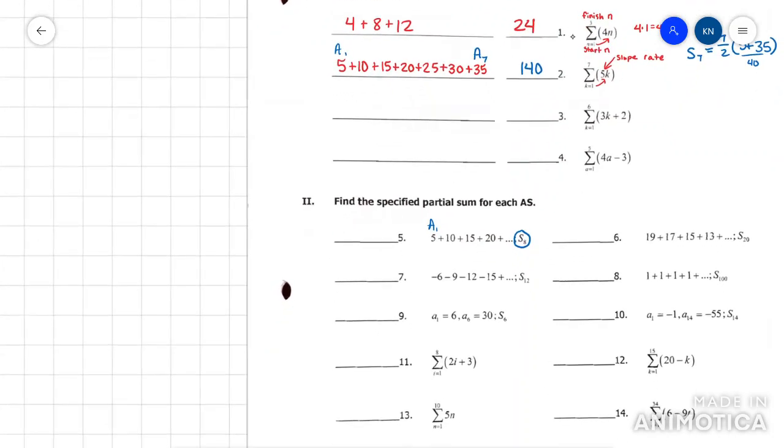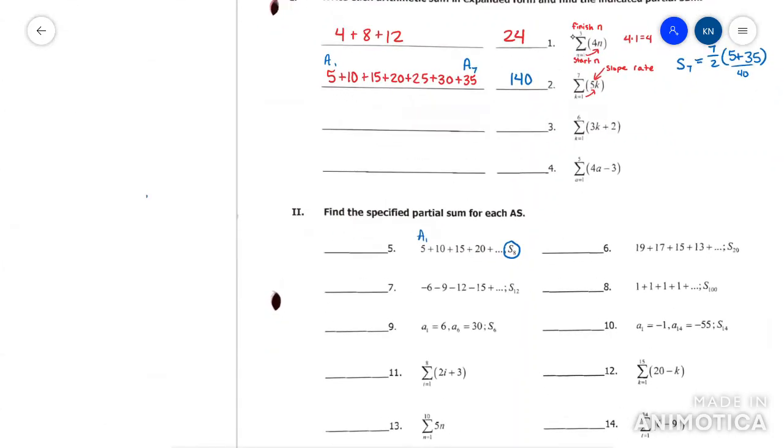So basically, I have A sub n is my first term plus my rate times n minus 1. Okay, well, if we want the 8th term, it's the first term, which was 5 right here, plus, if you look at these, they're all going up by 5.